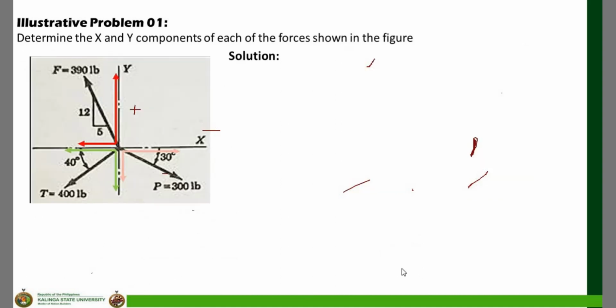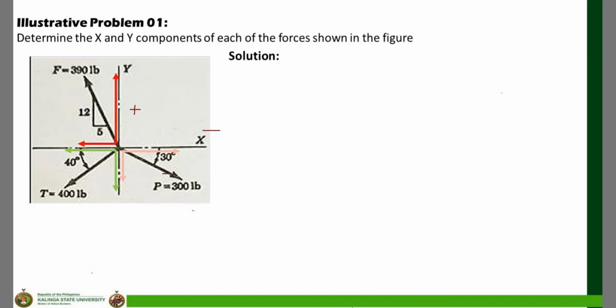Let's try to determine the components of force F. For force F, the angle of inclination from the x-axis is not given; rather, what is given is the slope triangle.